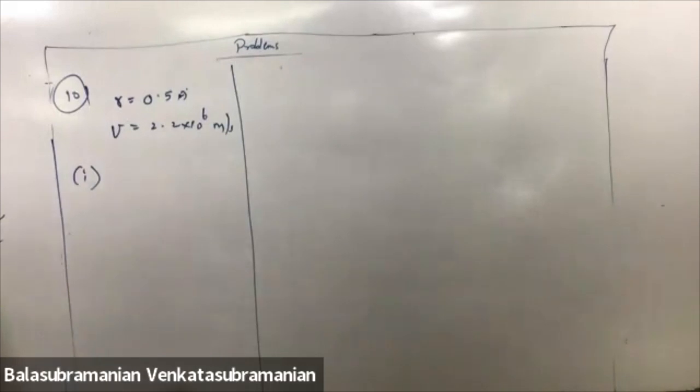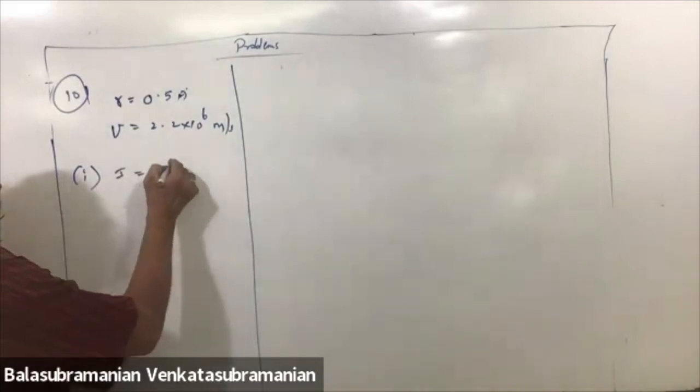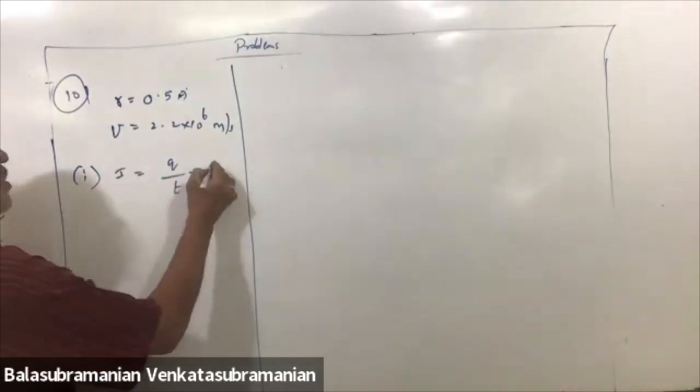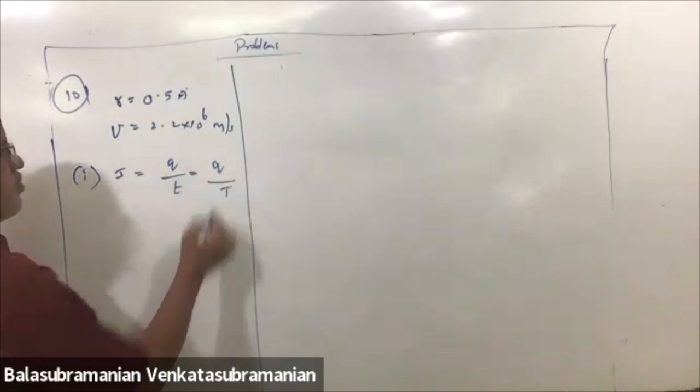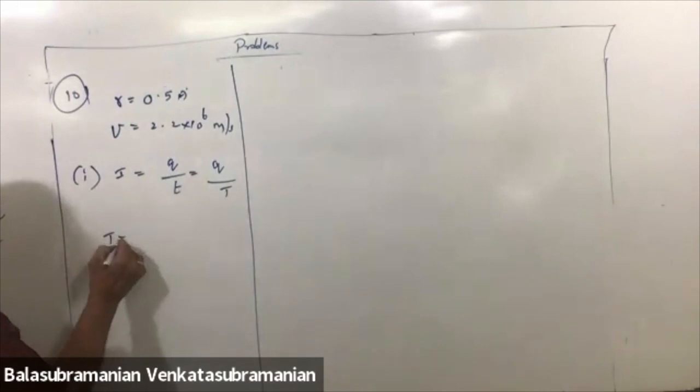Calculate the equivalent current first. Current I is equal to charge by time, that is Q by T, N e by T. T we have to calculate.